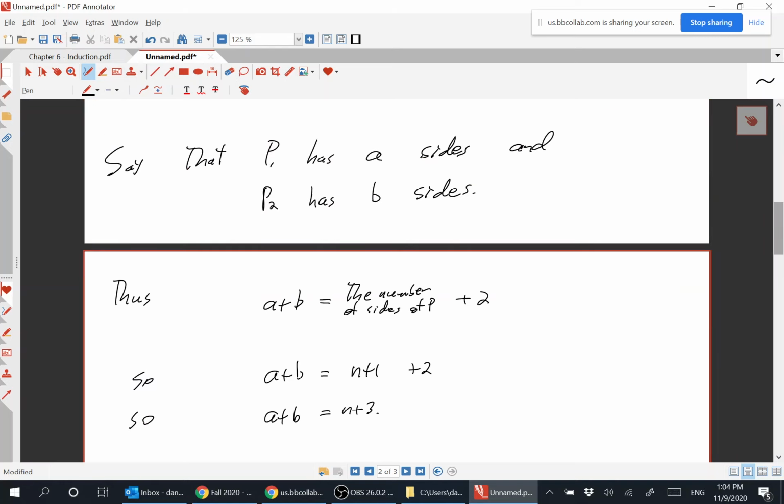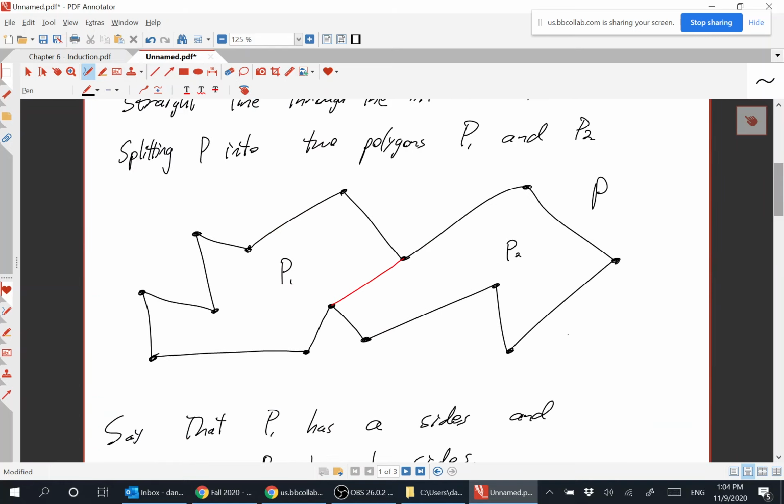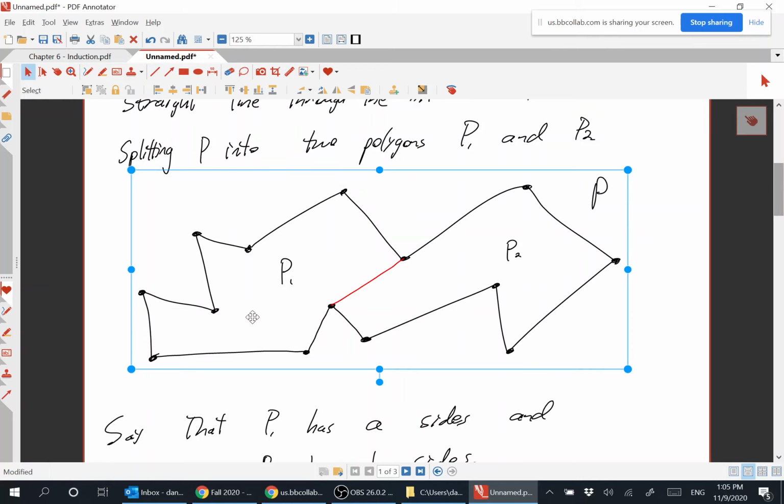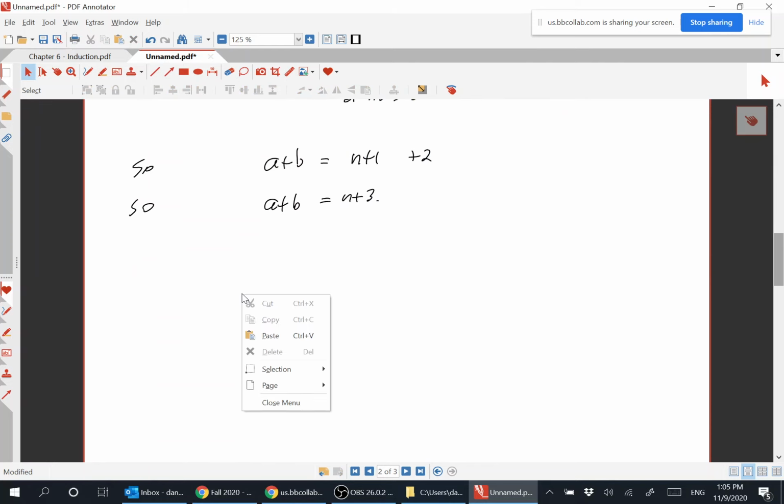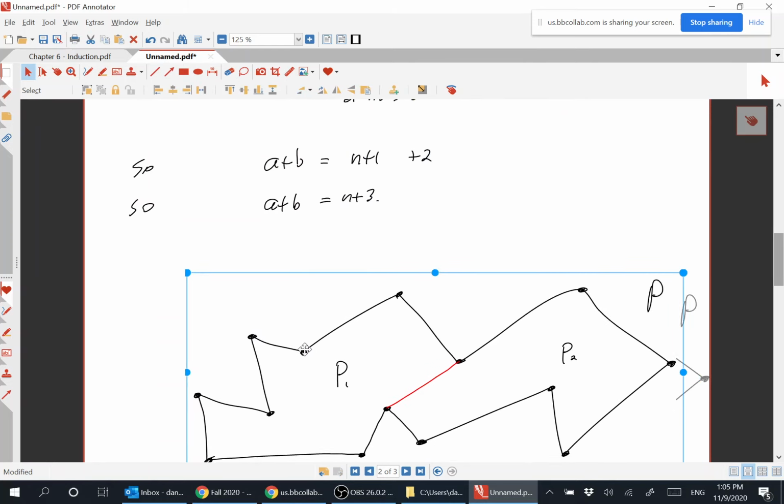Now, the sum of the angles of P1 plus the sum of the angles of P2. Let's take a careful look.